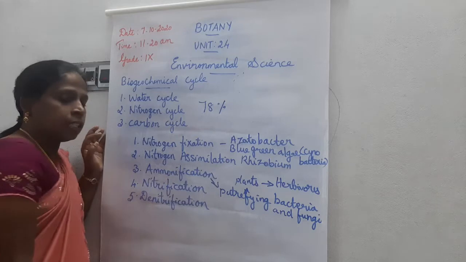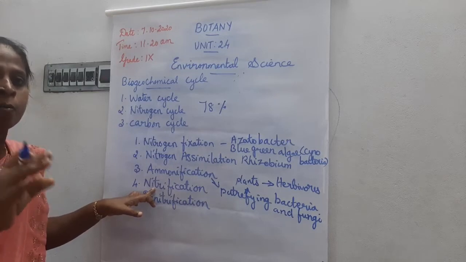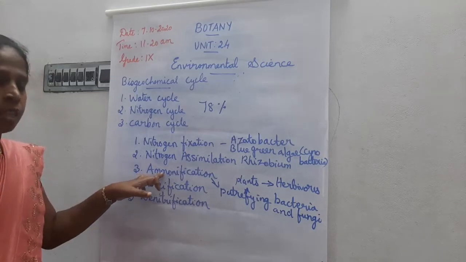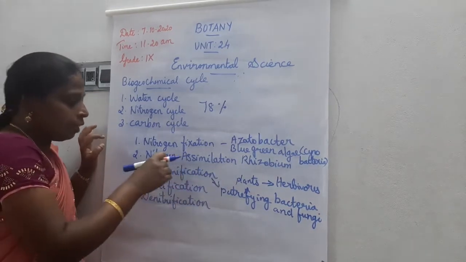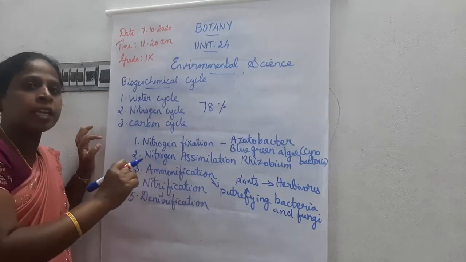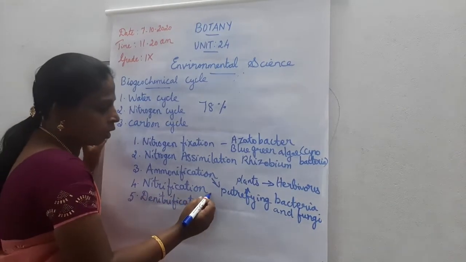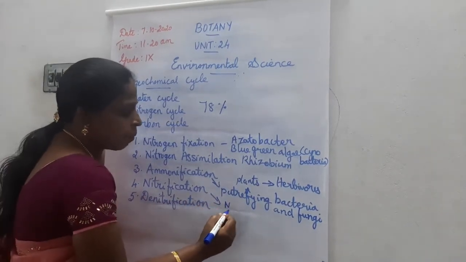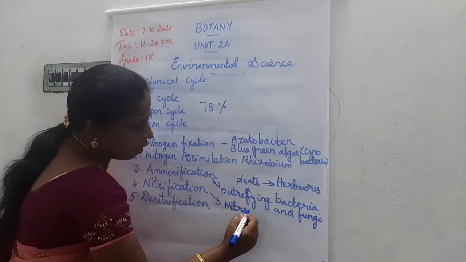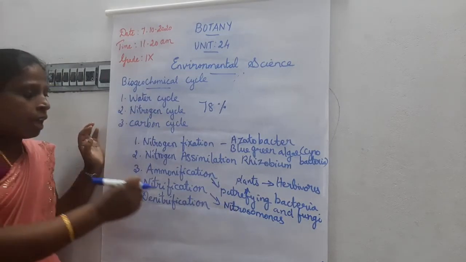Next one is nitrification. What does nitrification mean? In this process, the ammonia compounds produced during ammonification can be oxidized with the help of microorganisms such as the nitrifying bacteria Nitrosomonas and Nitrobacter.